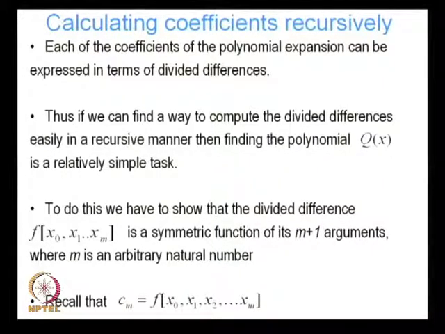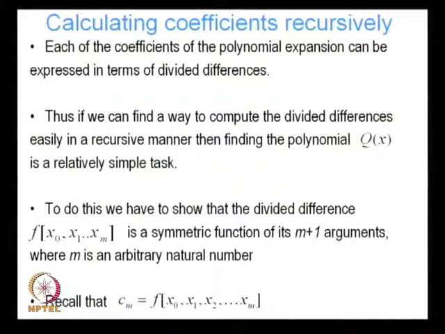So, given these m plus 1 points and these m plus 1 function values, it will turn out that I can find all these coefficients relatively easily using a recursive relationship without having to solve that m plus 1 by m plus 1 system of equations, and we will do that using the divided difference operator.